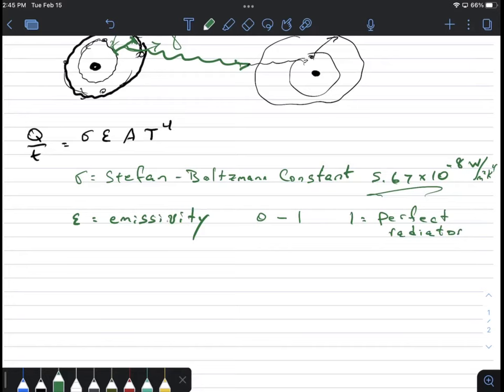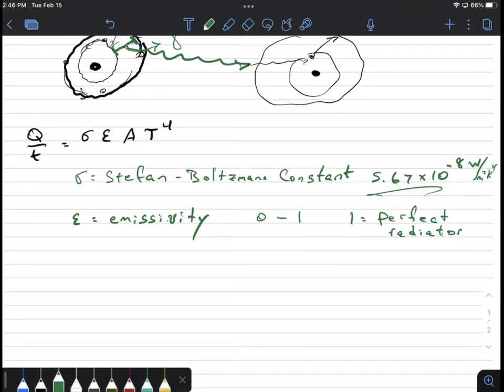And so maybe they only radiate 75% efficient or 80%. That would be 0.8. But if I say in a problem, this is a perfect radiator, what that means is the emissivity, this epsilon variable, is 100%. Usually it's between 0 and, well, it has to be between 0 and 1.